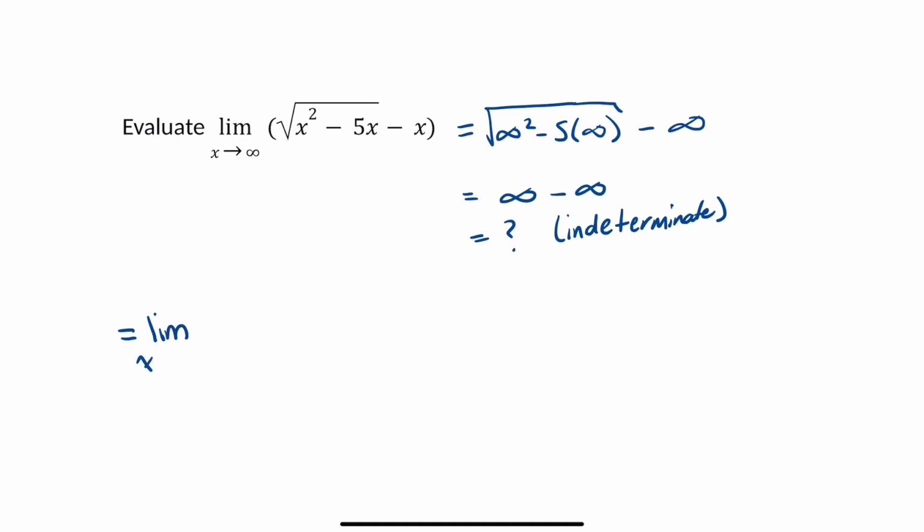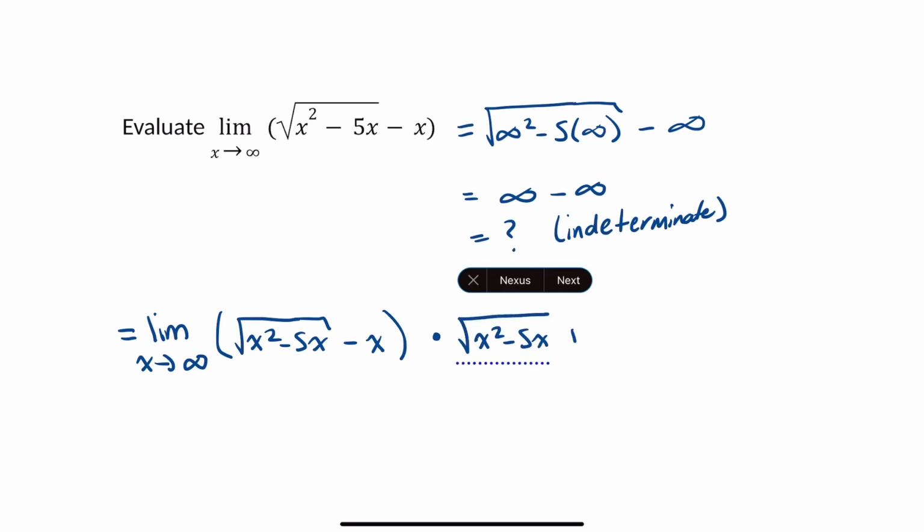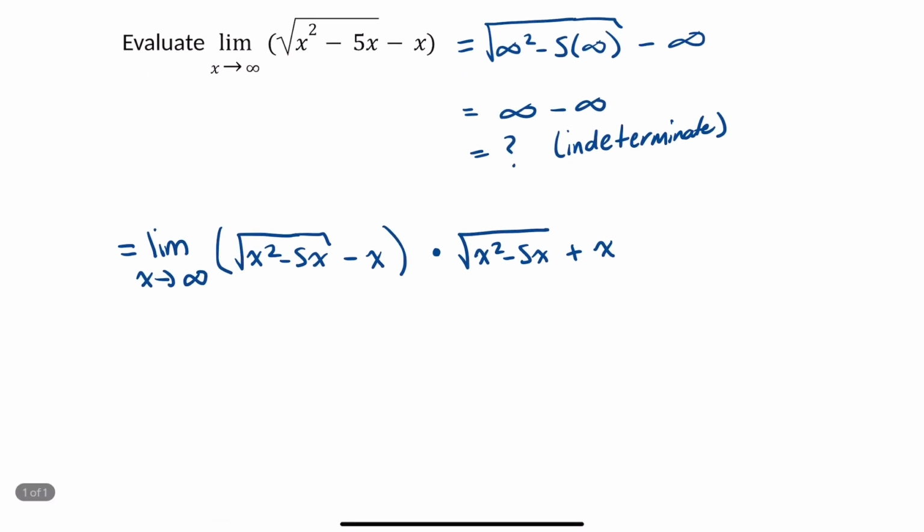So we can say the limit as x approaches infinity of the square root of x squared minus 5x minus x multiplied by its conjugate, which is going to be the square root of x squared minus 5x with the opposite sign of plus x, divided by the conjugate again.